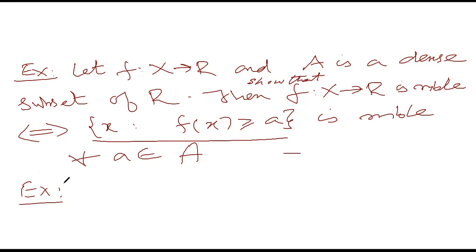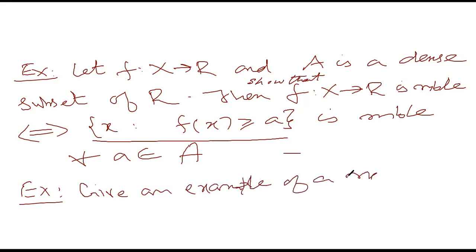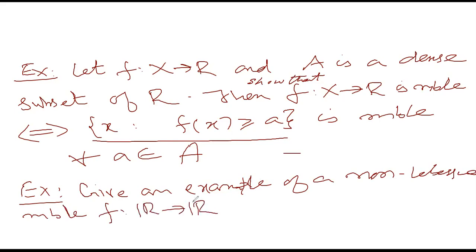Give an example of a non-Lebesgue measurable function f from R to R, real line to real line, such that mod of f is measurable.